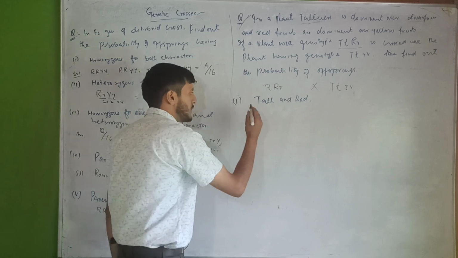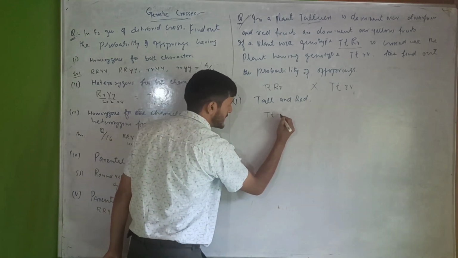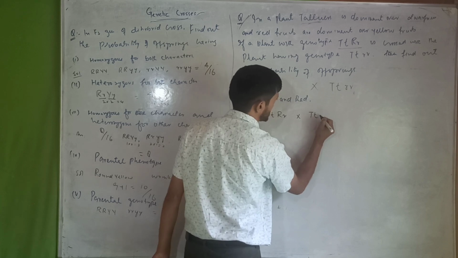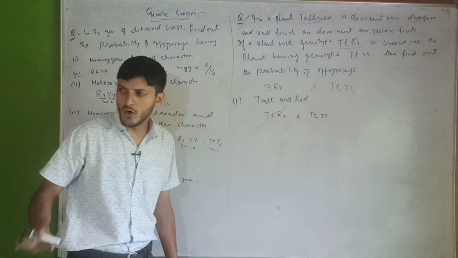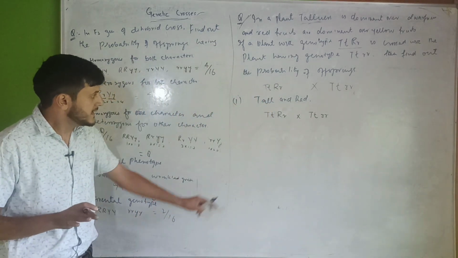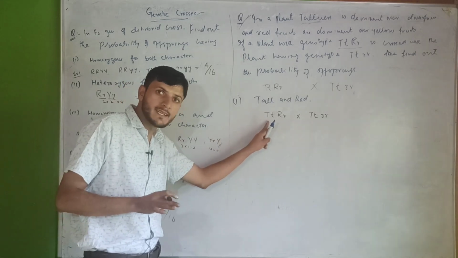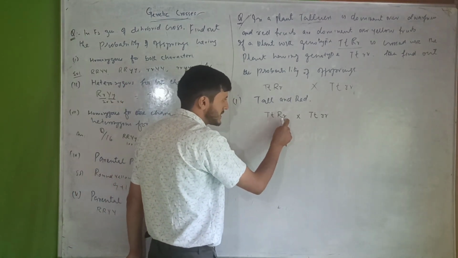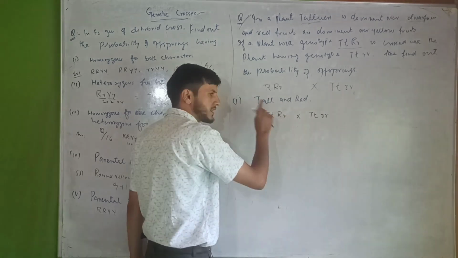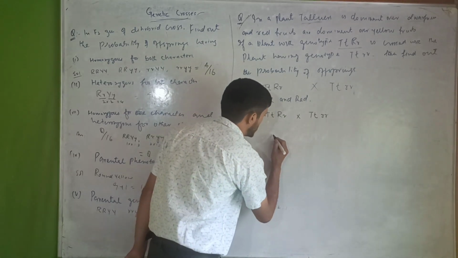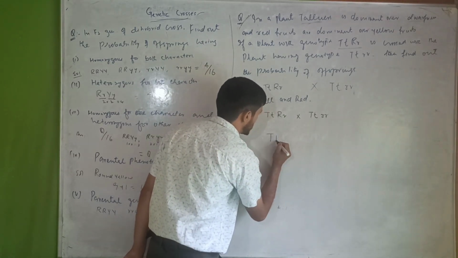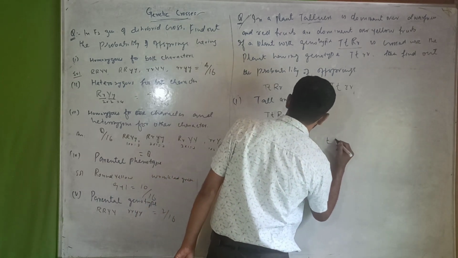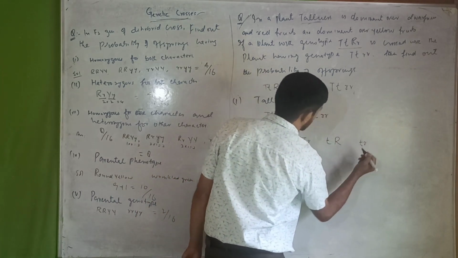Now, capital T, small t, capital R, small r is crossed with capital T, small t, small r, small r. How many gametes are possible there? 4: capital T capital R, capital T small r, small t capital R, small t small r.